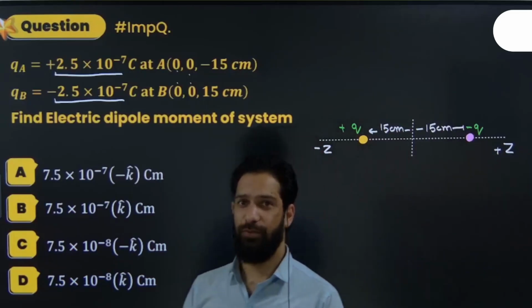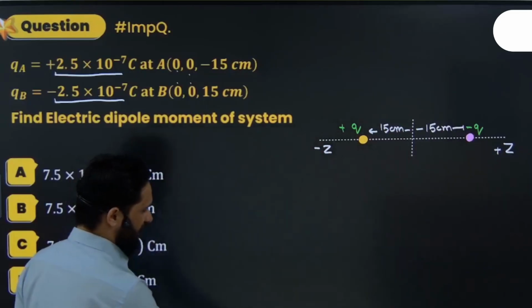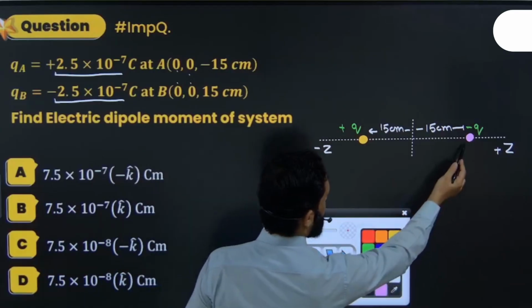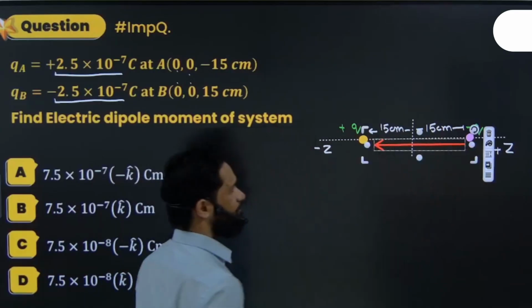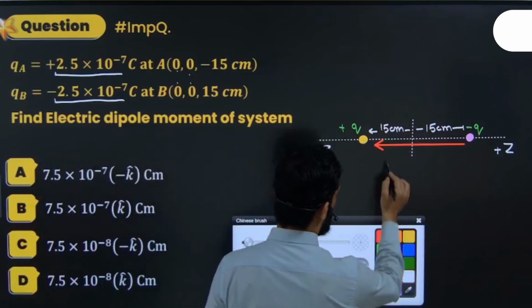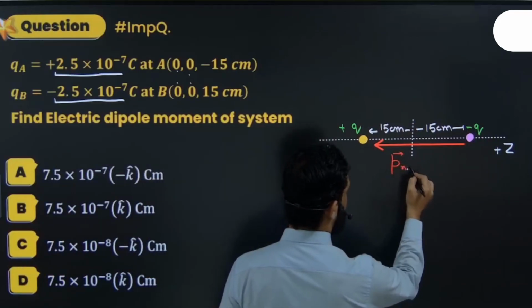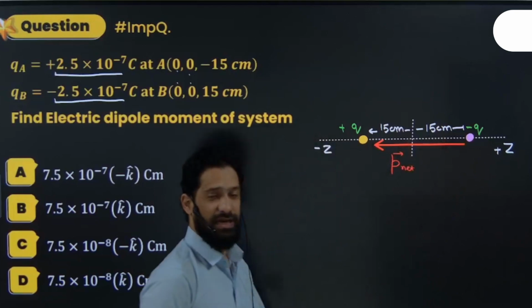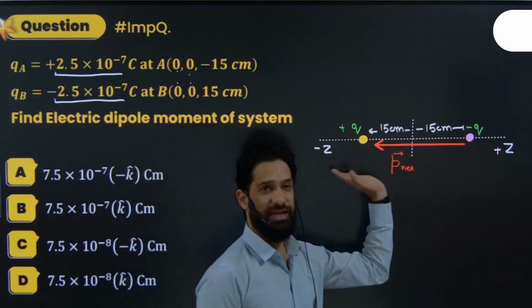So where is the dipole moment and how much is it? Obviously dipole moment exists from negative to positive. Clear? Negative to positive. So in this example, the net dipole moment is not in the positive z-axis. Net dipole moment goes in the negative z-axis.